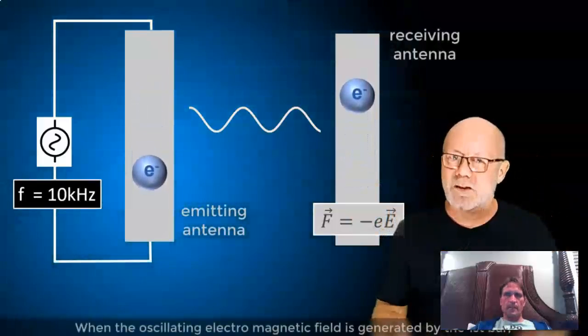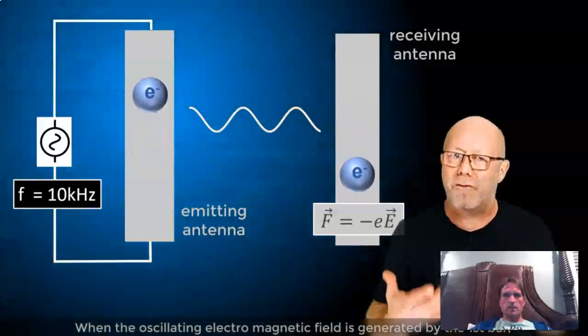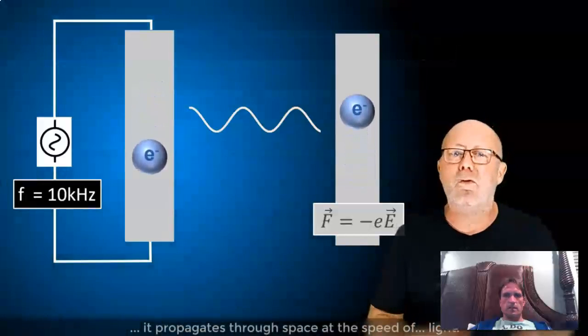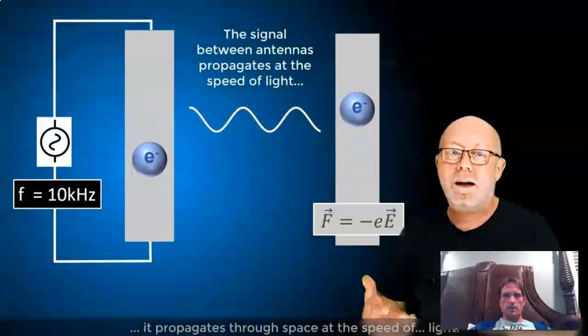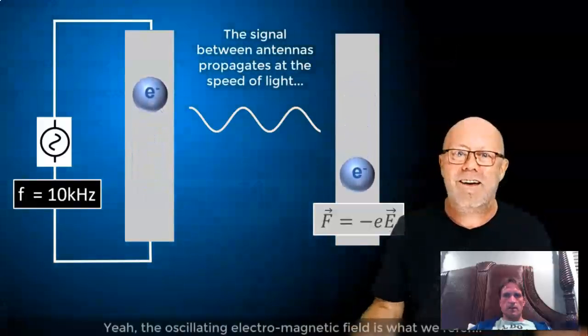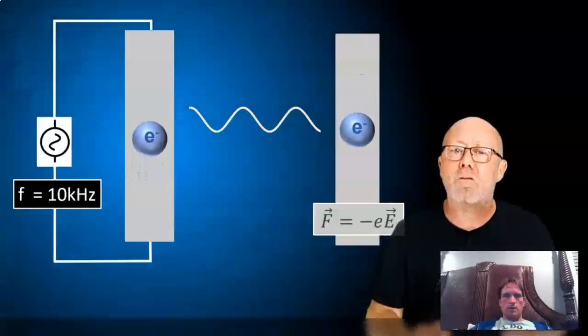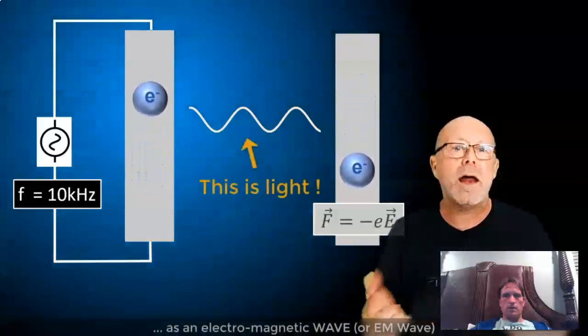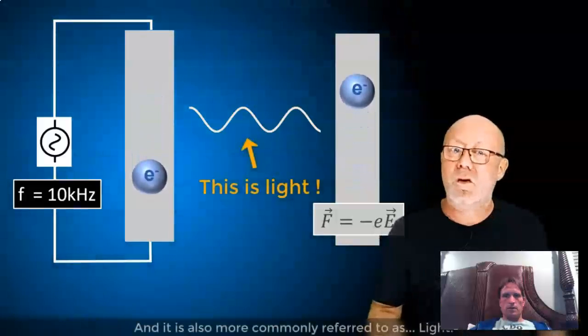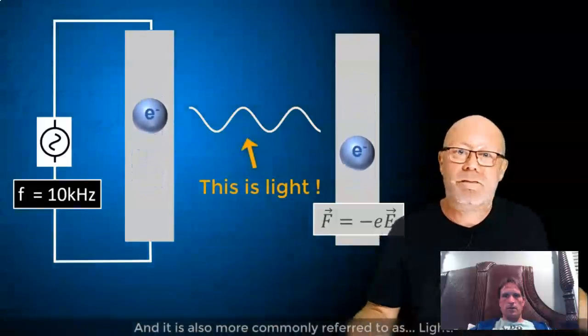When the oscillating electromagnetic field is generated by the first bar, it propagates through space at the speed of light. Yeah, the oscillating electromagnetic field is what we refer as an electromagnetic wave or EM wave. And it is also more commonly referred as light.